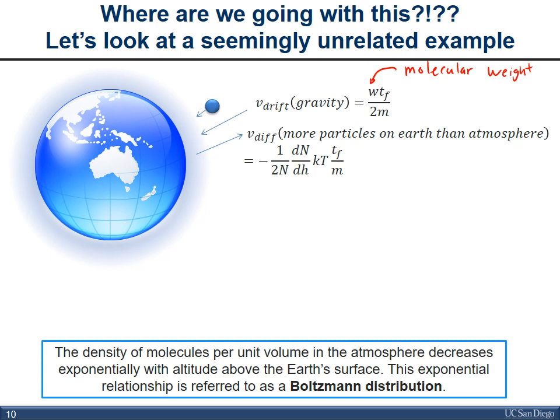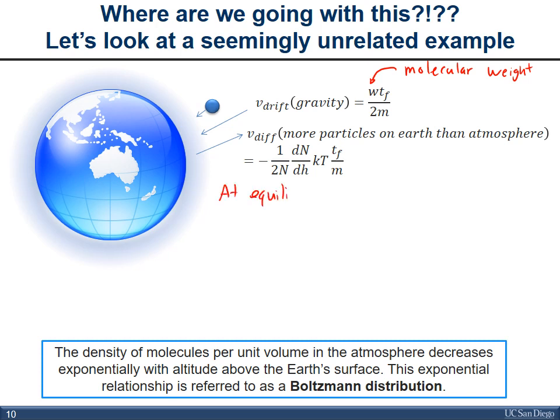We also are going to have some diffusion of particles that are going to tend to want to go away from the surface of the Earth, because there are more particles near the Earth than in the atmosphere. Now, of course, the world exists today. It hasn't blown up, so we must have some equilibrium happening here.